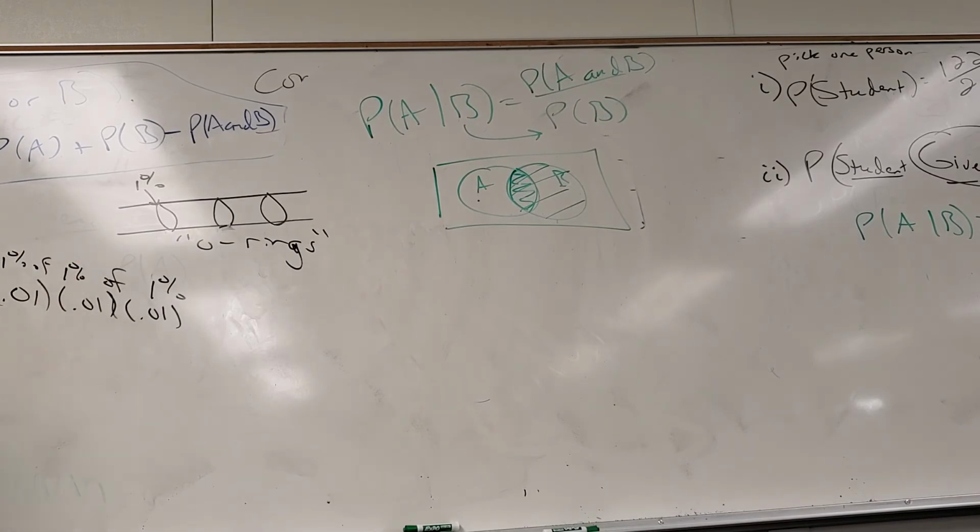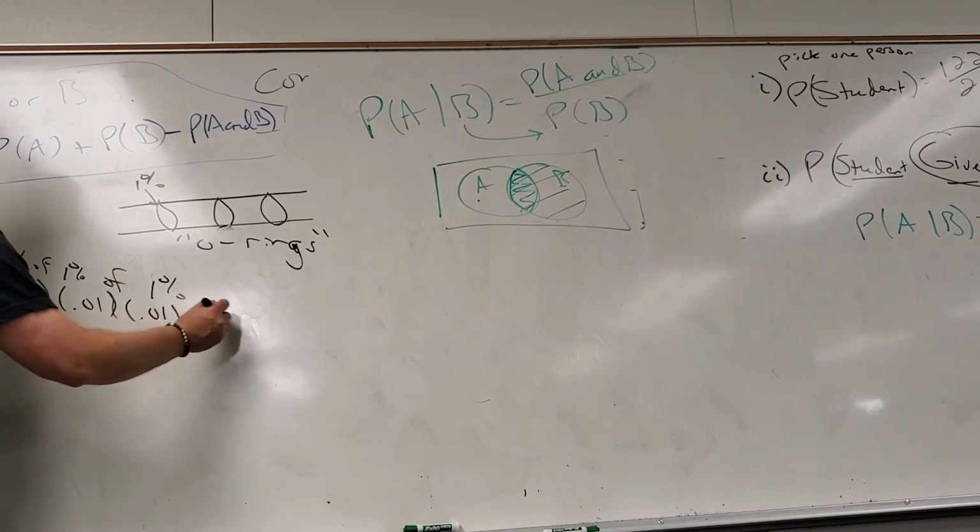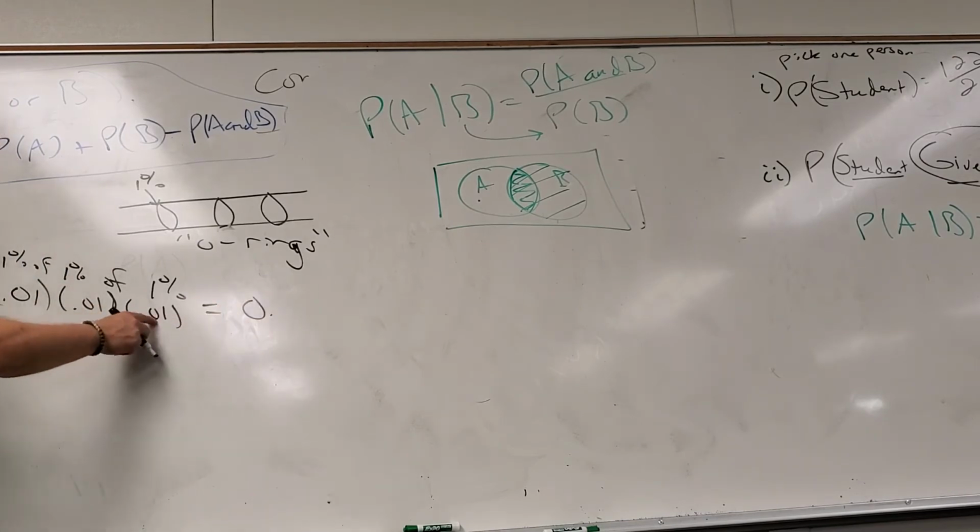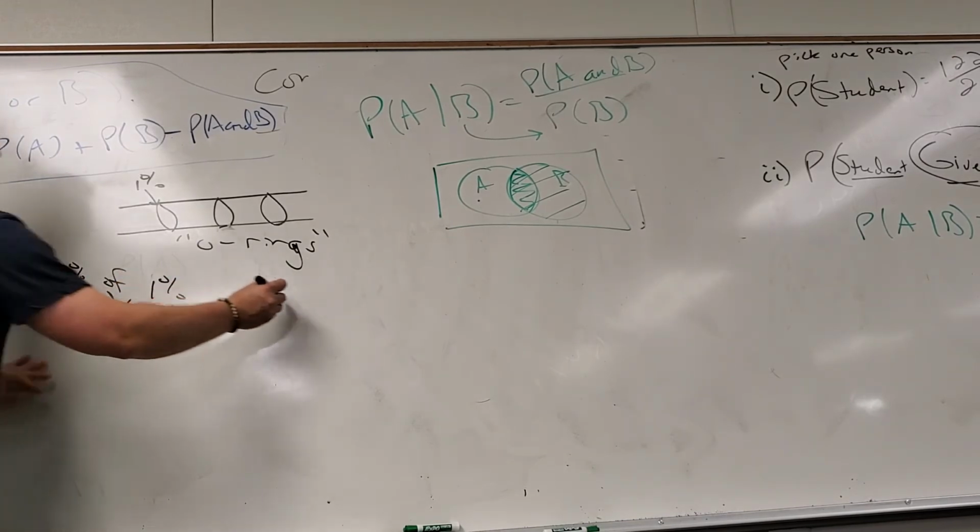Which is kind of counterintuitive, but when I multiply numbers that are between 0 and 1, the result gets smaller. We're used to multiplying making things bigger, but between 0 and 1, it makes things smaller. You guys with me on that? So what is that? 1, 2, 3, 4, 5, 6 zeros.